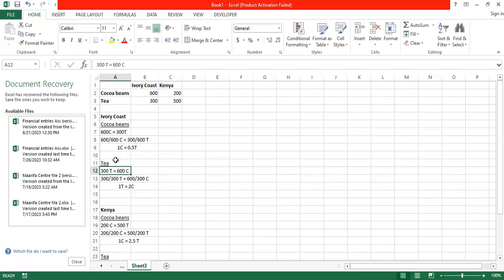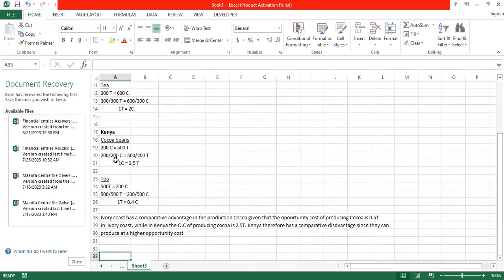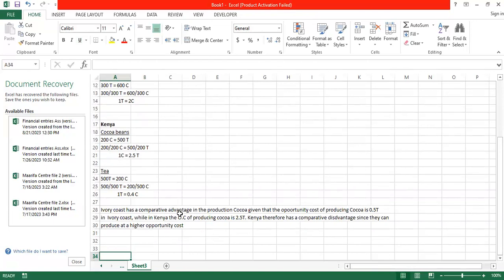For the other 2.5 marks, in terms of the theory of comparative advantage, one country must have a comparative advantage in one commodity and a comparative disadvantage in the other in order for trade to take place. Here, Ivory Coast has a comparative advantage in the production of cocoa, so it should specialize in cocoa and trade it with Kenya, which specializes in tea.